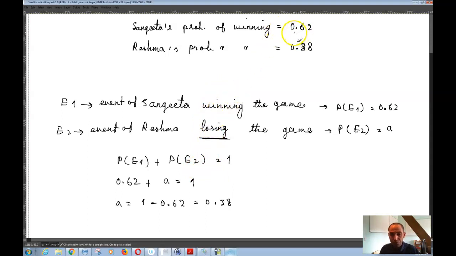So what that means is that if I say that Sangeeta's probability of winning the game is 0.62, then Reshma's probability of winning the game is 0.38. This makes sense, right?